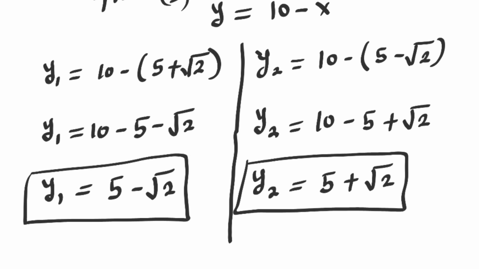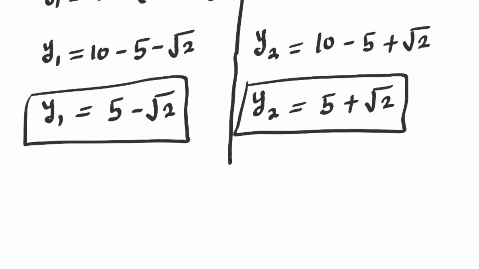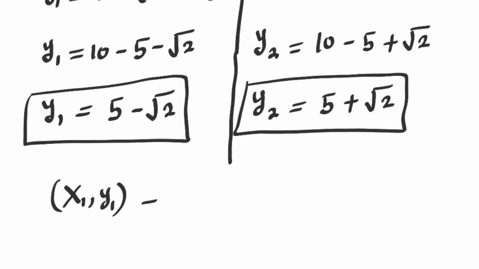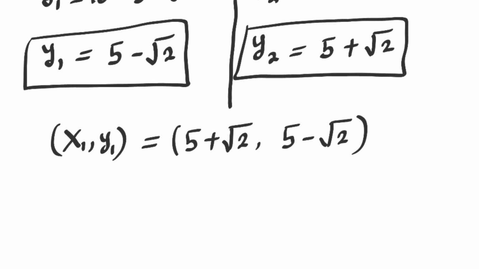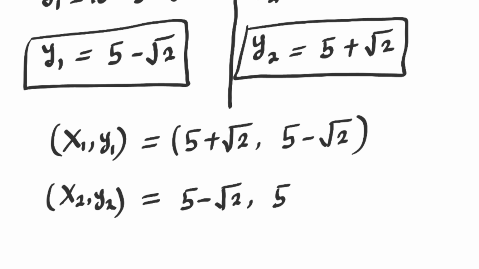We've gotten the value of x and y. Therefore, our final answer are x1, y1 is equal to 5 plus root 2, 5 minus root 2. x2, y2 is equal to 5 minus root 2, 5 plus root 2.